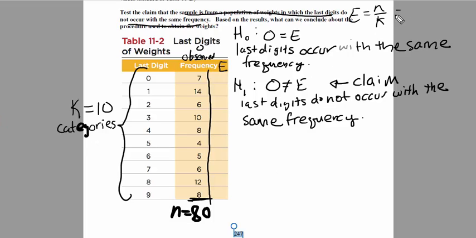So then 80 over 10 is actually 8. So all of these are going to be 8. So you're expecting there to be 8 in every category if these are all equal. But if you look at what's going on in some of these categories, it's a little bit higher than 8, and in some of the categories, it's a little bit lower than 8.